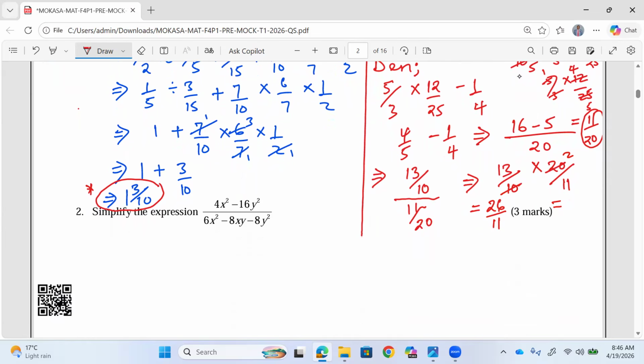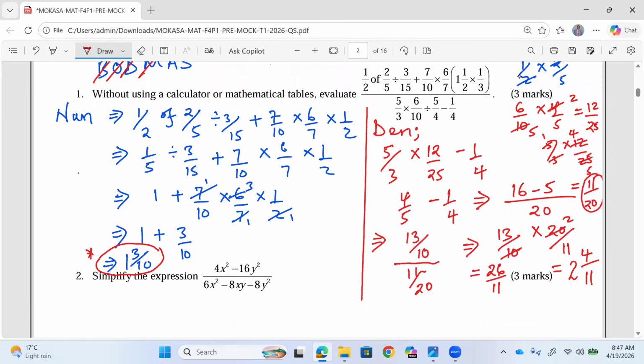Remember, your final answer cannot be an improper fraction. So we make it now a mixed number, which is 2. We get 2, that is 22. So the remainder is 4 out of 11. So now the final answer on number 1 is 2 and 4 over 11.